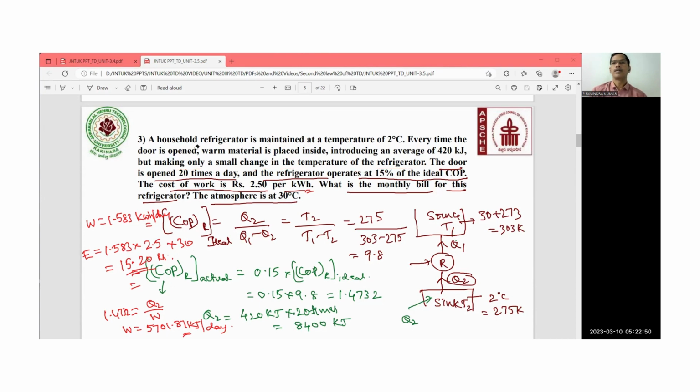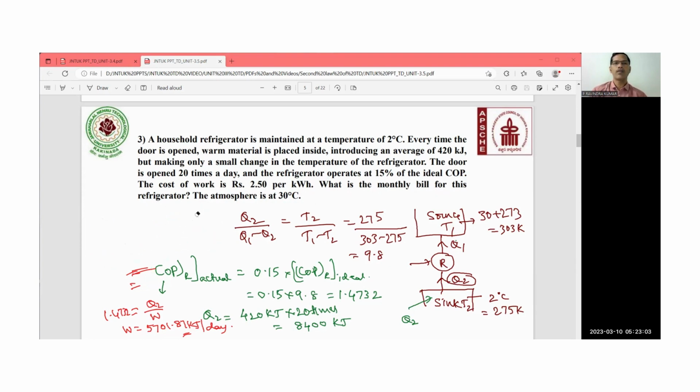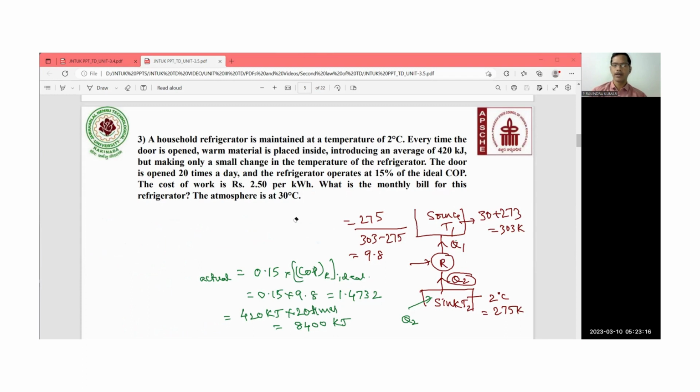So you can make this as in realistic situations also. The household refrigerator door, you should not open it continuously. You have to plan and try to reduce opening of the household refrigerator as much as possible.